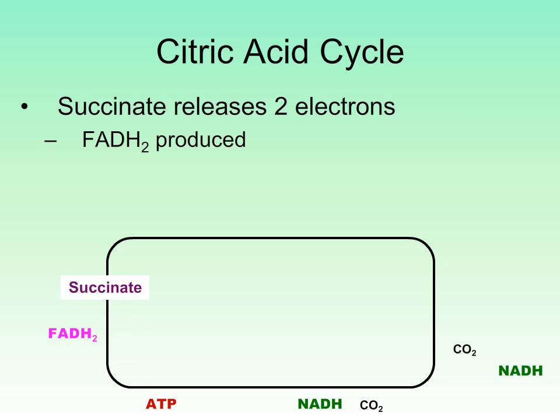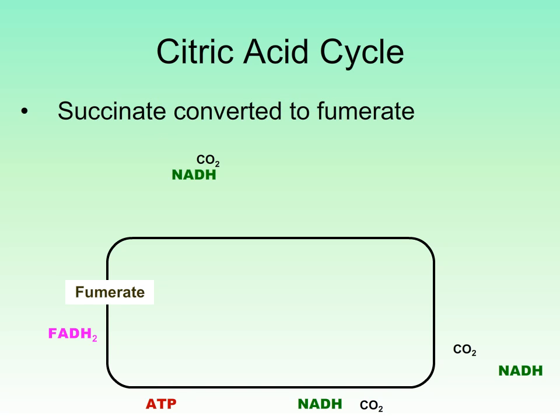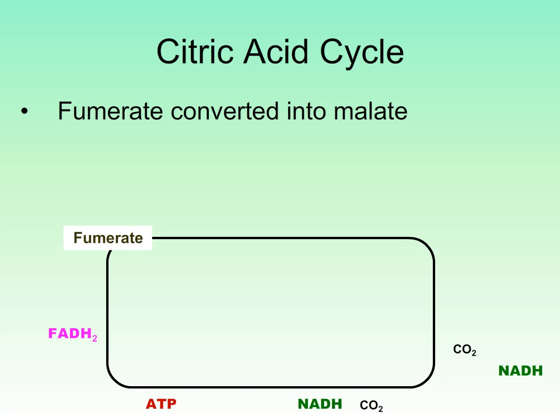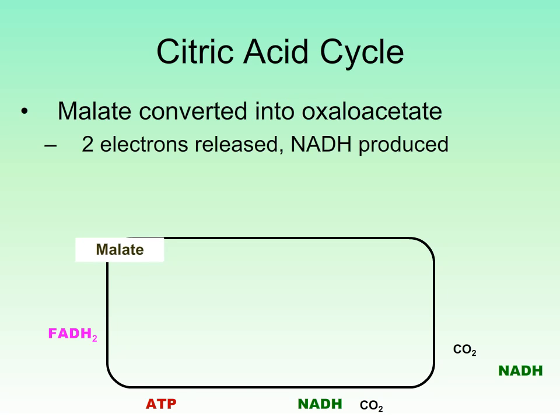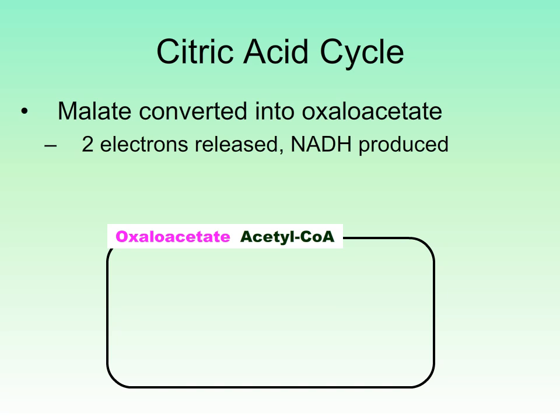Succinate loses electrons, and another electron-carrying molecule is produced, FADH2. And succinate is converted into fumarate. Fumarate rearranges and is converted into malate. Malate loses electrons, reducing NAD to NADH, and is converted into oxaloacetate. And once oxaloacetate is reformed, it can combine with a molecule of acetyl-CoA. And the citric acid cycle begins another turn.